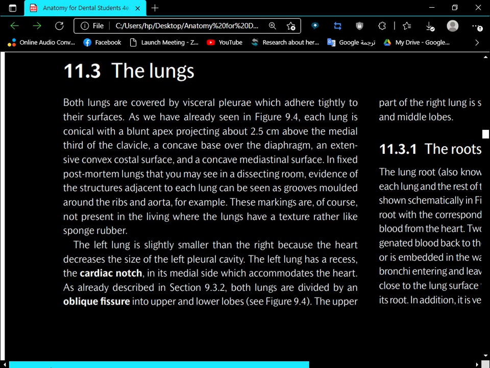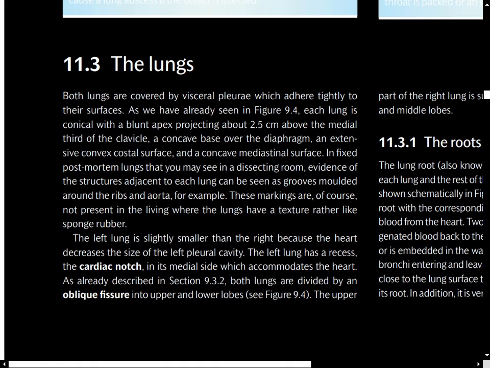In fixed post-mortem lungs that you may see in a dissecting room, evidence of the structures adjacent to each lung can be seen as grooves molded around the ribs and aorta, for example. These markings are of course not present in the living, where the lungs have a texture rather like sponge rubber.